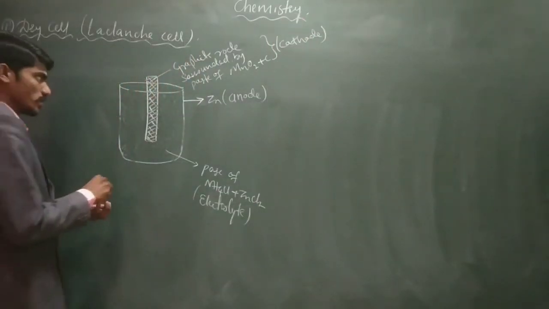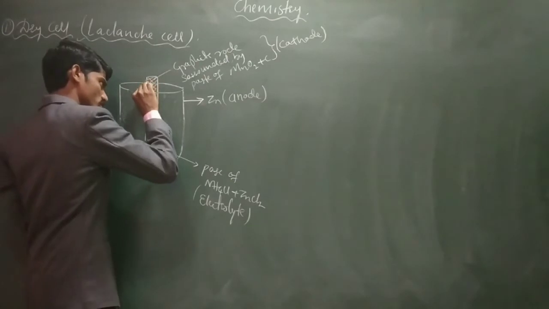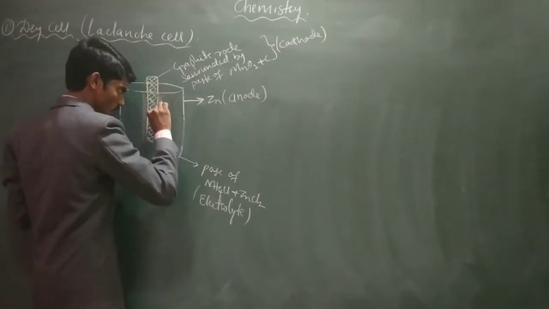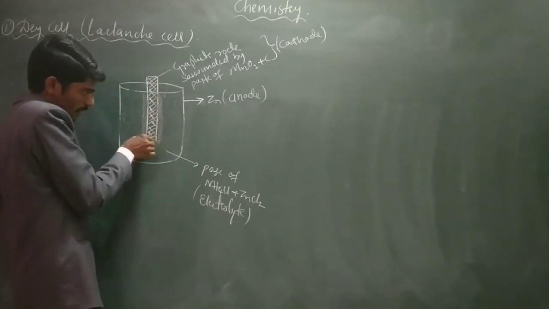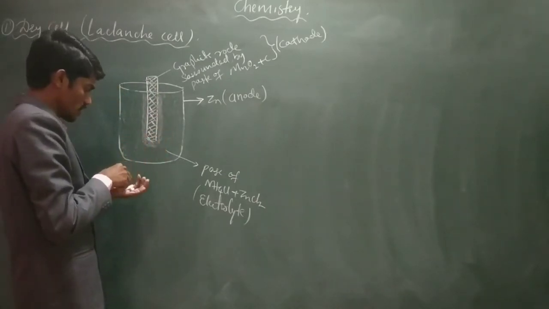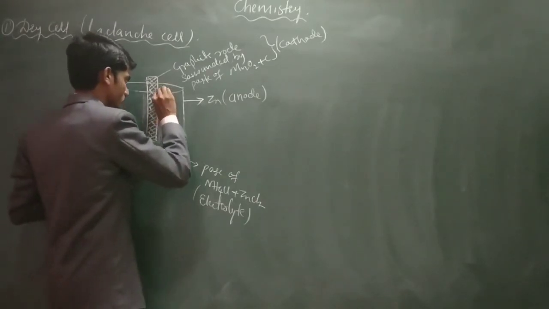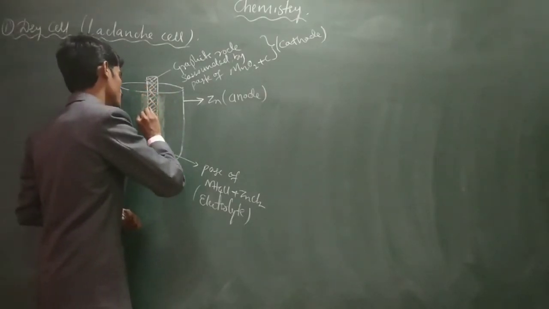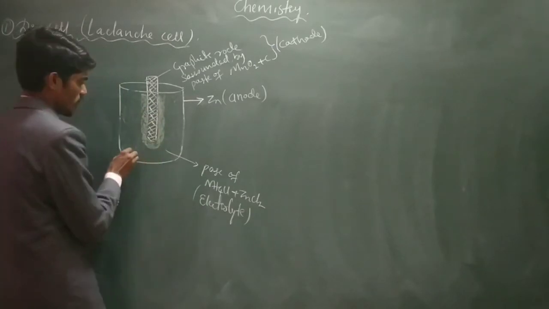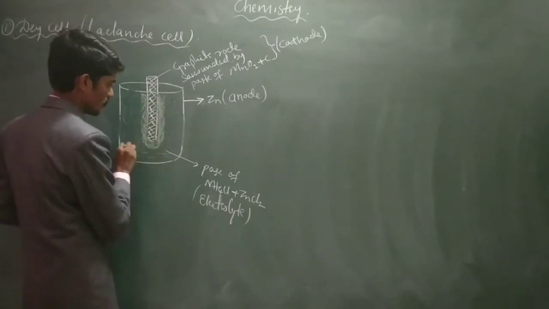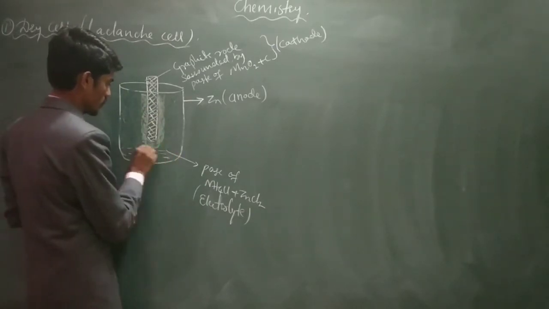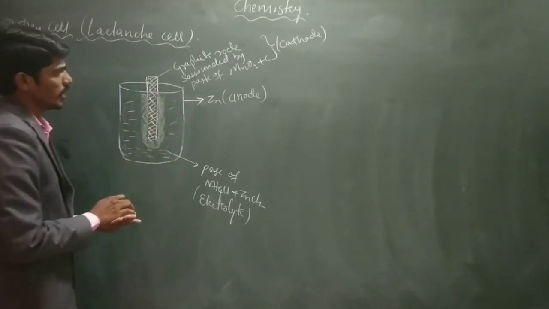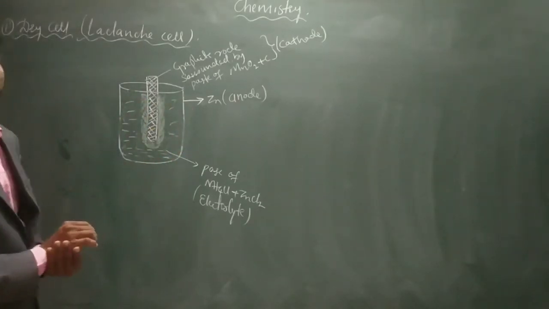So this graphite rod is surrounded by a black paste of manganese oxide and carbon powder, and the remaining part is a paste of electrolyte. So this is its construction, the dry cell.